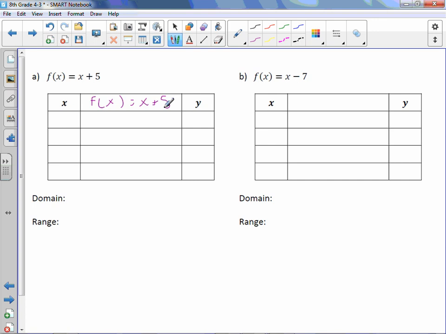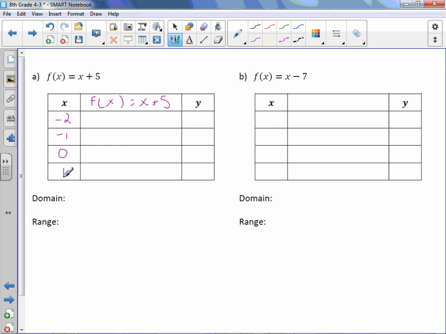And we need to pick 4 values. I like to choose negatives. I like to make sure I have a 0 and also a positive, just to get a decent range of values here. So let's start with -2, -1, 0, and 1. And again, I am picking the values to plug in.